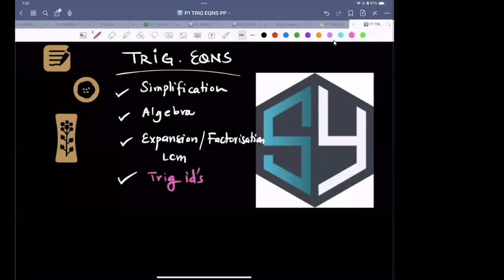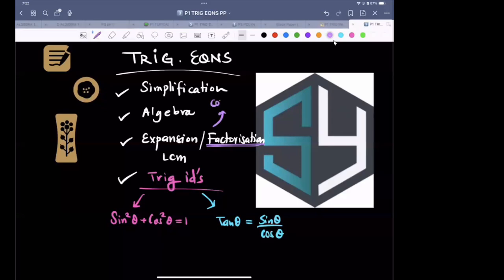And when we talk about trig identities, it could be the basic identity, that is sine squared theta plus cosine squared theta equals 1. Or it could be about tangent theta equals sine theta over cosine theta. And when we talk about factorization, it could be taking common, that is factorization.